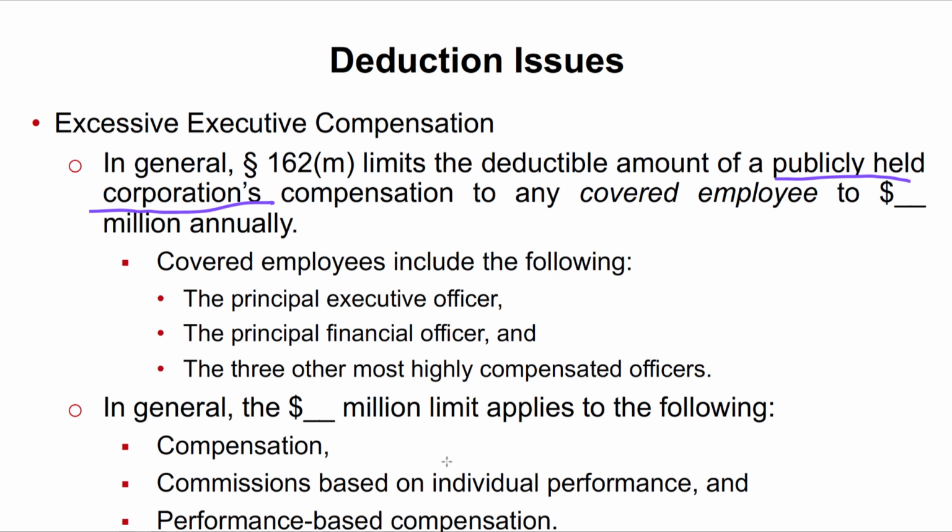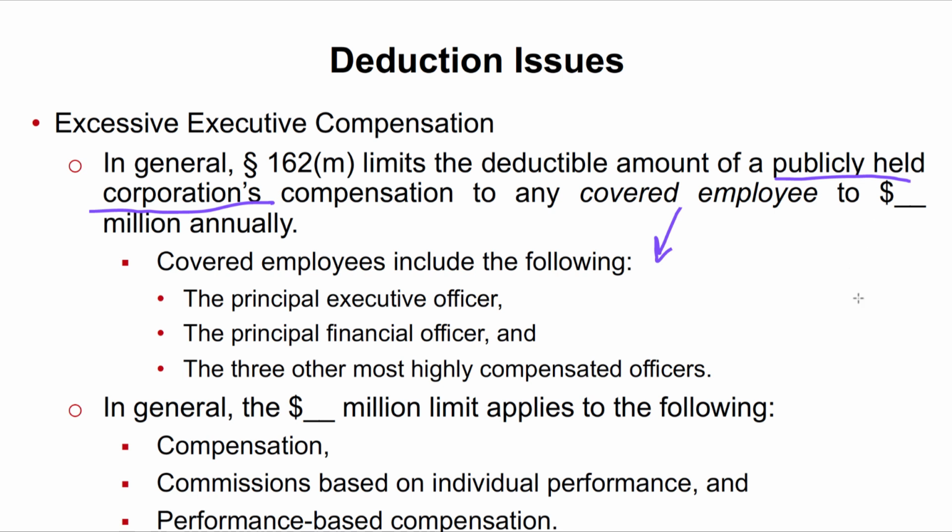A way to reduce double taxation is to pay out compensation, because that reduces your taxable income, and then you don't have double taxation because it's not subject to tax. It might be single taxation because you're paying out to the employee, who could also be a shareholder. Currently, at the time of this video, and this could change, the tax law limits the deductible amount to a publicly traded or publicly held corporation for any covered employee, defined below, to $1 million annually.